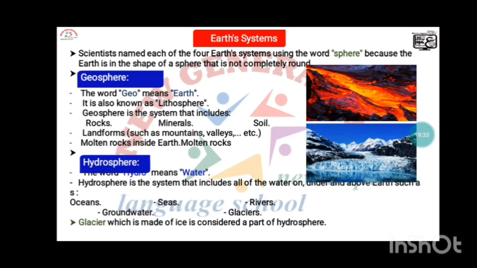A glacier, which is made of ice, a solid state, is also considered a part of the hydrosphere. And this is a glacier.